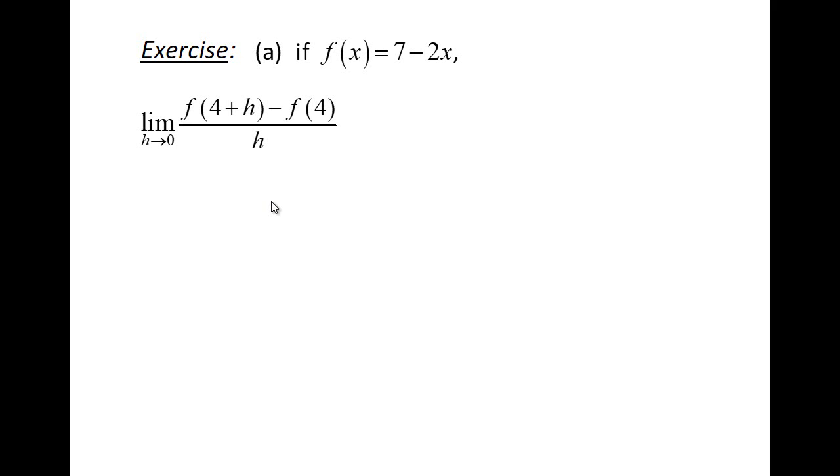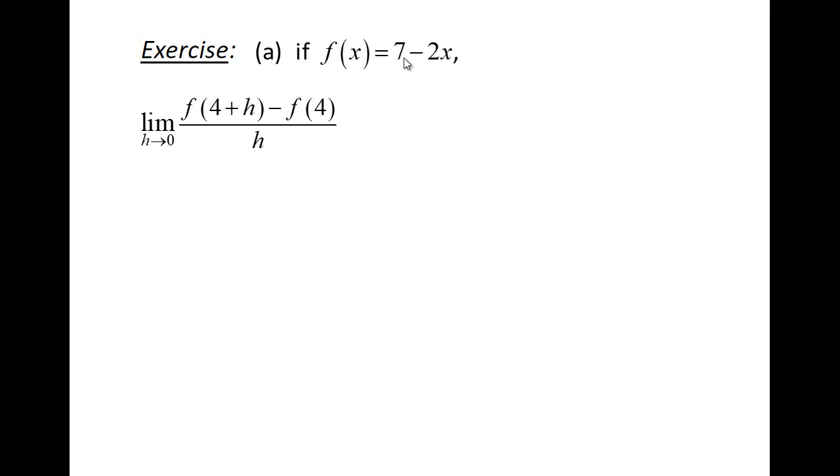Okay, so how do we do this? Well, we plug in f of 4 and f of 4 plus h. Well, this function is what? Given an input x, the output is 7 minus 2 times the input x. So the way you want to view this is how do you compute the output given an input?